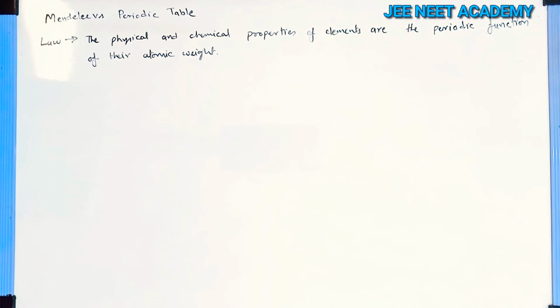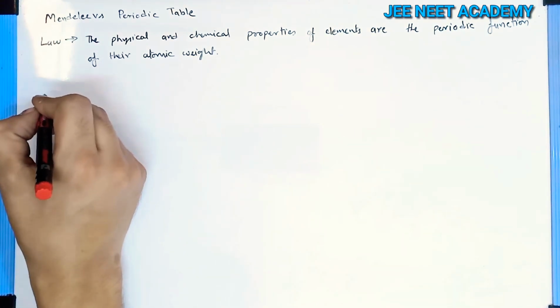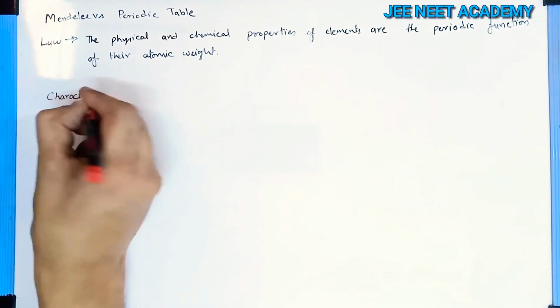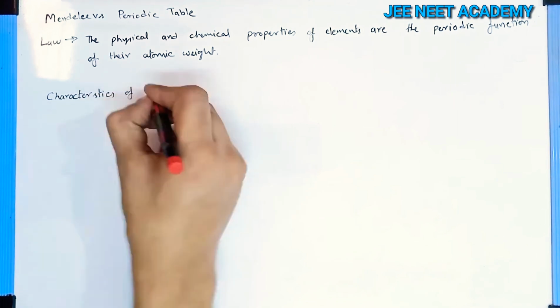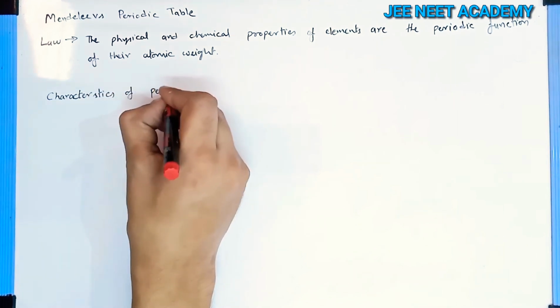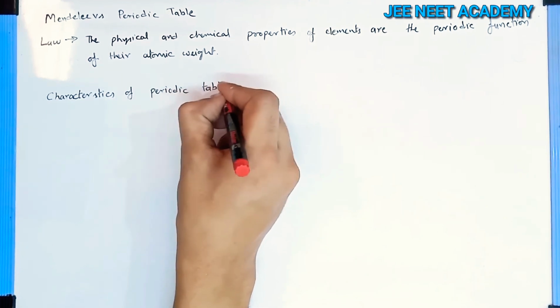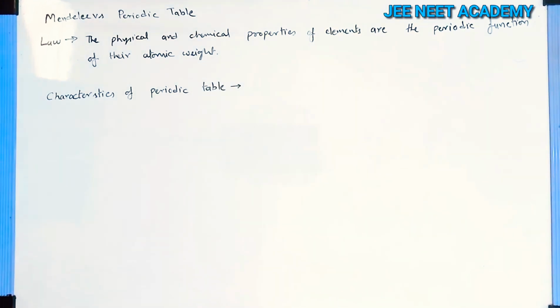So he made a periodic table with the help of 63 elements. So we will write the characteristics of Mendeleev's periodic table.